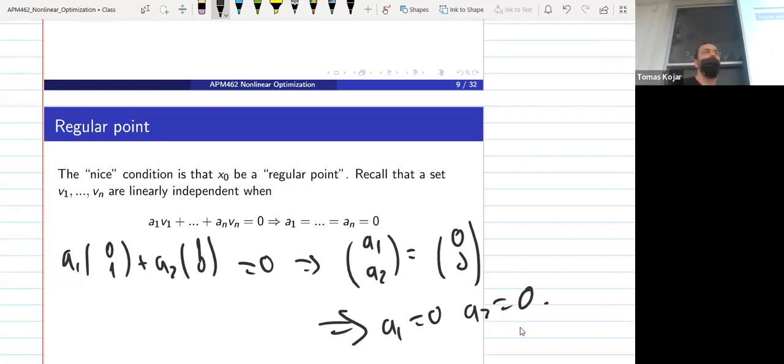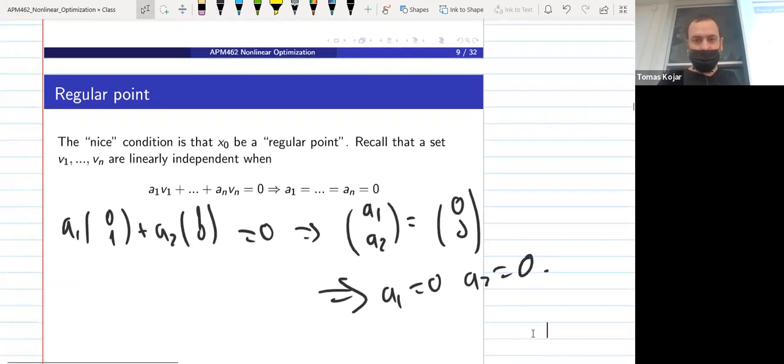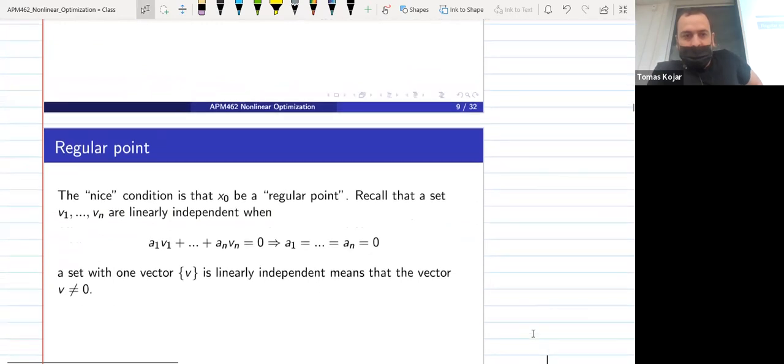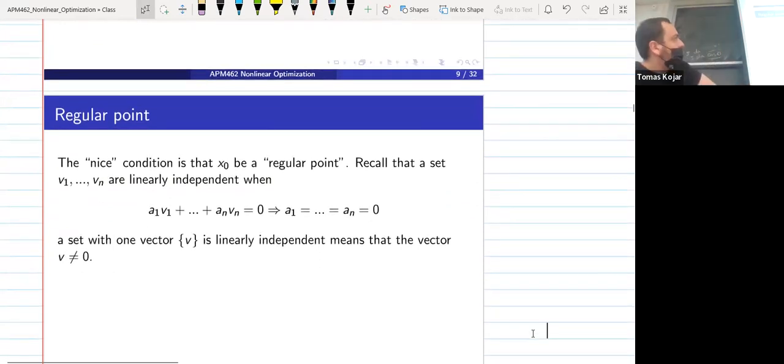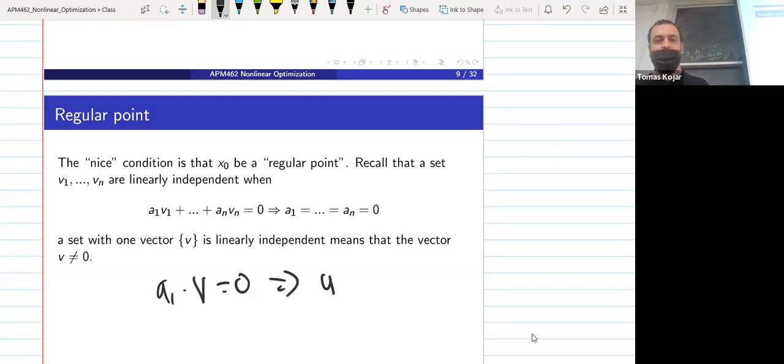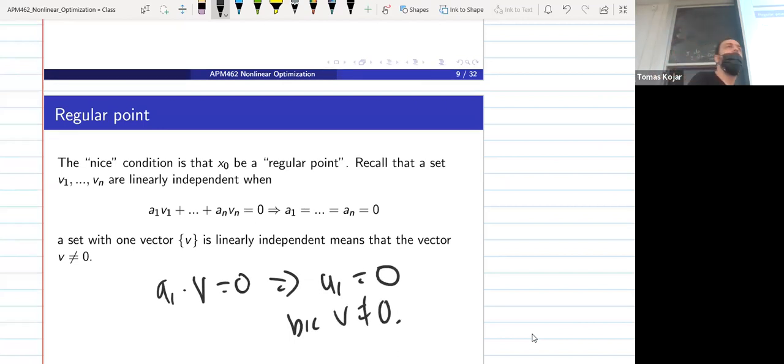Okay? Just like a small reminder. So we're going to need this stuff. And just conventionally, if you only have one vector and you say, let this guy be linearly independent, you're just saying that it's not 0, right? Because if you have A1 V equal to 0, you get that A1 is 0 because V is not 0. Okay, good.